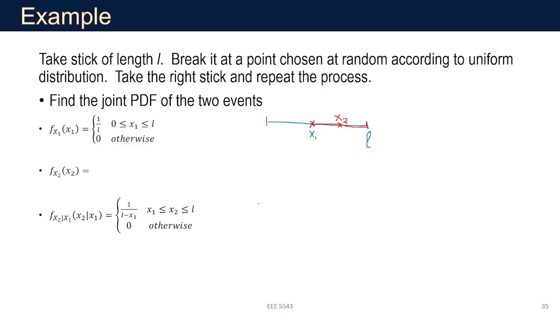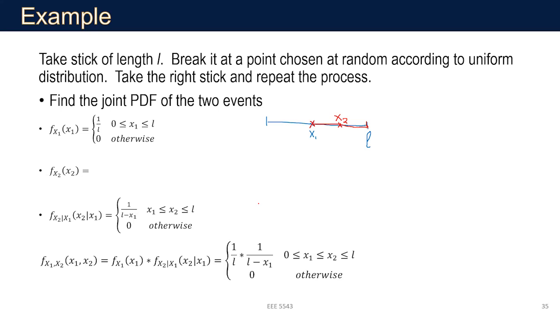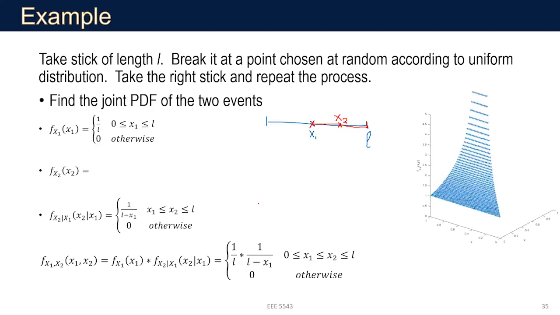Now we can recall that the joint distribution is the conditional times the marginal. This joint distribution describes the whole event and tells us everything there is to know about point x1 and point x2. If we wanted to find the marginal of x2, we would integrate over all values of x1 of this joint distribution.